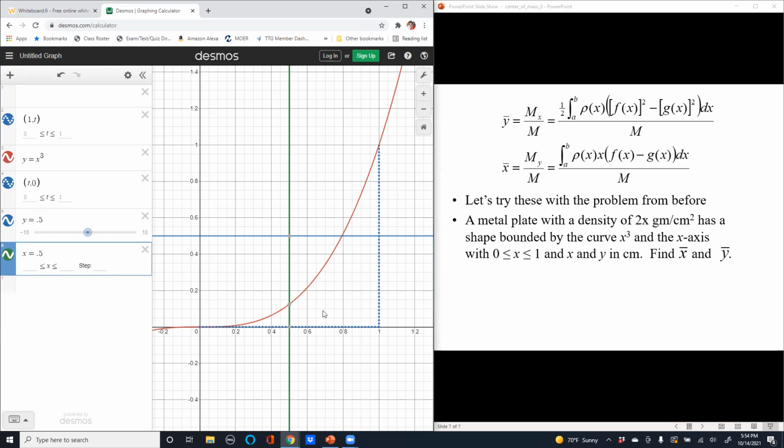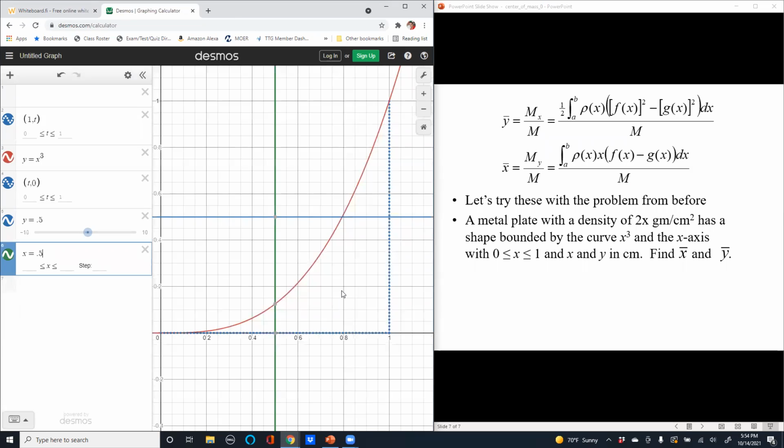We're going to expect x bar and y bar to be here because this is our thickest, densest part of the plate. So we would expect x bar to be bigger than a half and y bar to be less than a half. Again, we do this because we want to make sure our answers make sense.